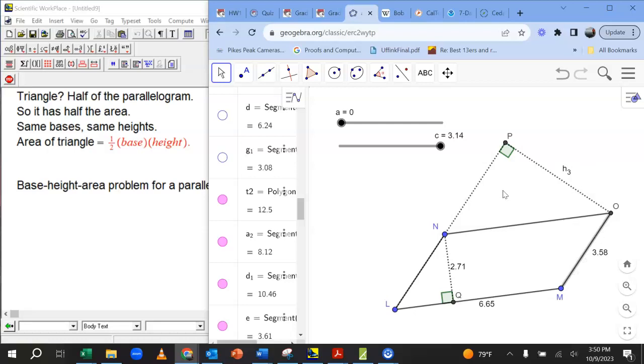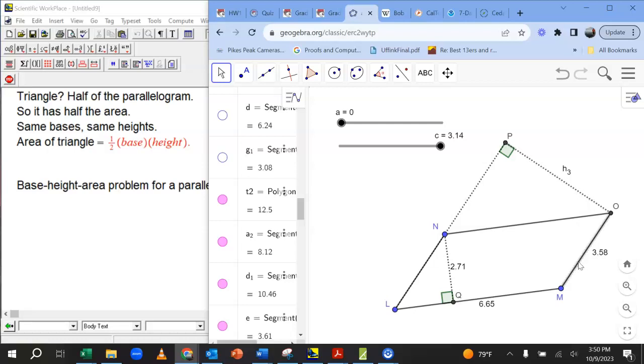So it should be true that you can calculate the area of this in two ways, with base being LM and height being NQ, and we'll do that in a second, which should be the same answer as base being MO and height being H3.